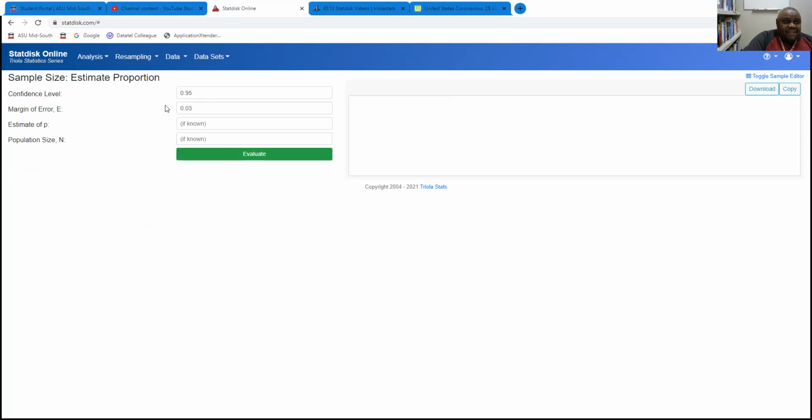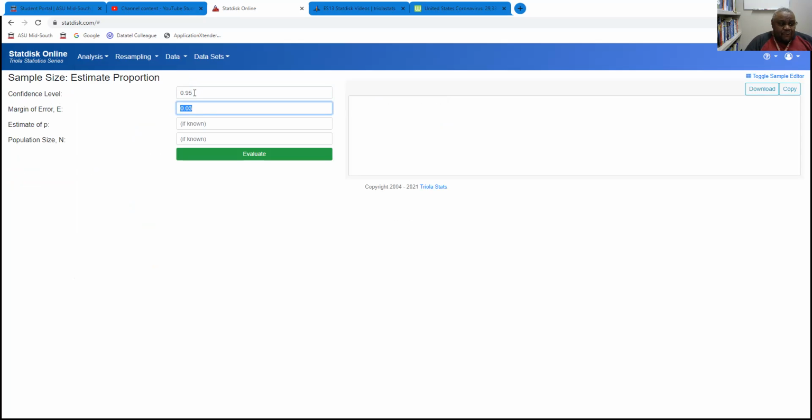So here we have confidence level, and it's given as 95%. You can either type in 0.95 or just leave it as it is, because they give you 0.95 as a default confidence level. If it's 99%, you have to change it to 0.99. Or if it's 90%, you have to change it to 0.90.